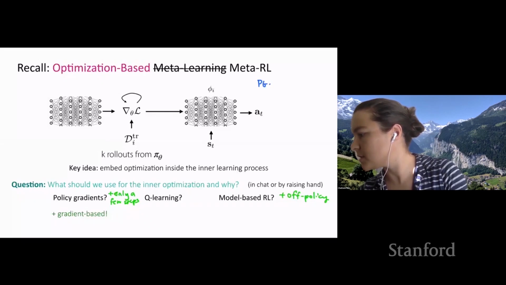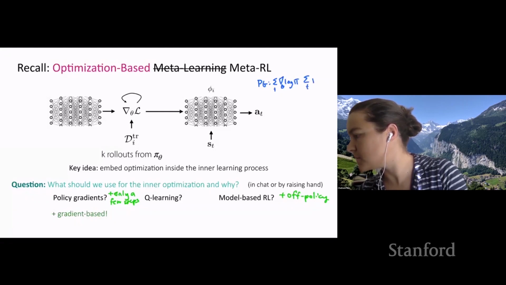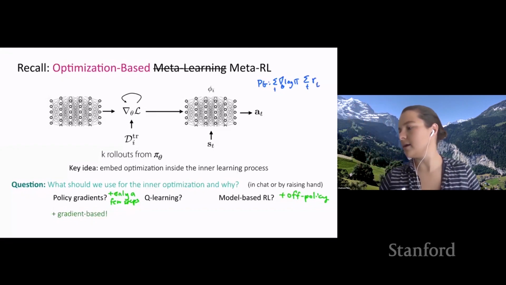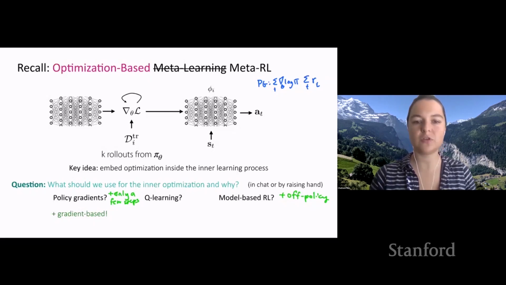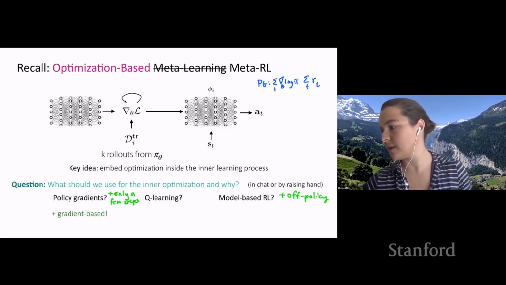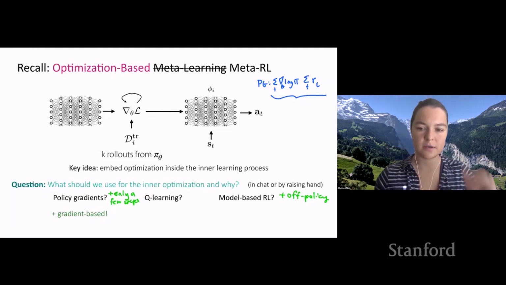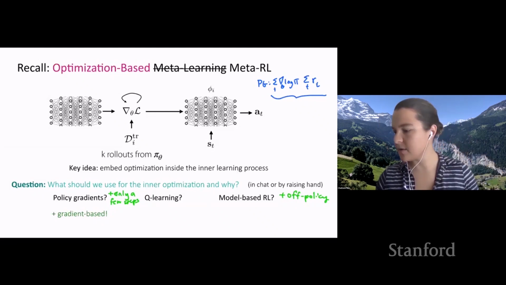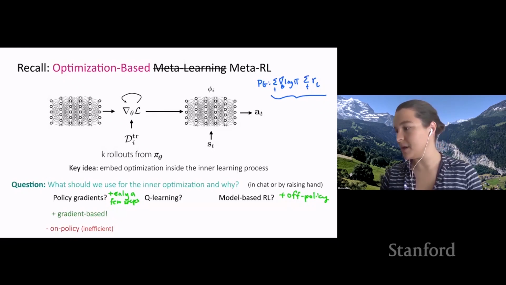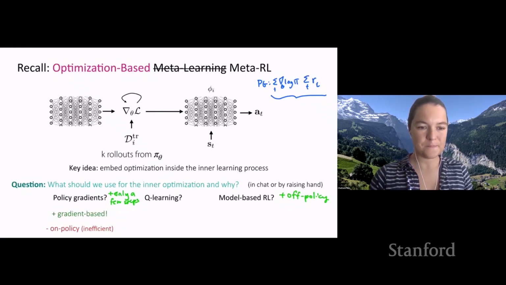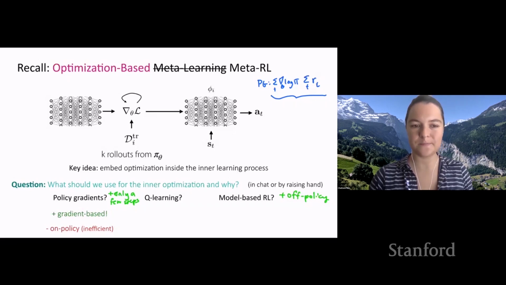The policy gradient looks something like the sum over time steps of log pi times the sum over time steps of R_t. And with just one or a few gradient steps, you actually get a lot of information about the entire trajectory, which is nice. Now, one of the downsides of policy gradients is that they're on policy, so they can be pretty inefficient. Another downside is that policy gradients tend to be pretty noisy.